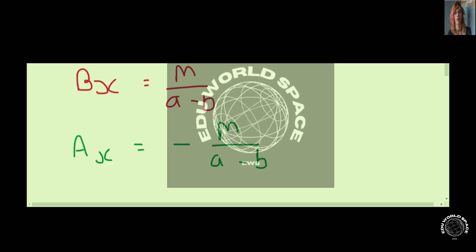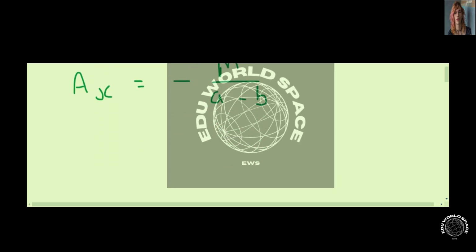Next, let's find Az from the first equation and then put it into the equation that we got in the first segment of the solution. So from that we can get Az is equal to minus b by a times Bz, and Bz is equal to a·R upon a minus b.